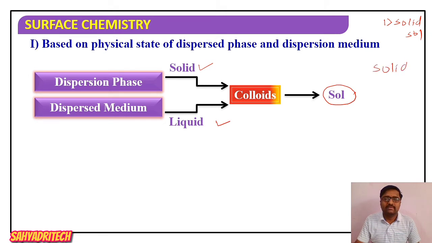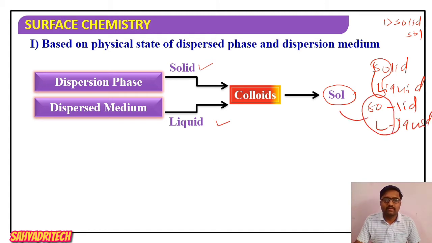When dispersed phase is solid and dispersion medium is liquid, the resultant colloidal system is called sol.